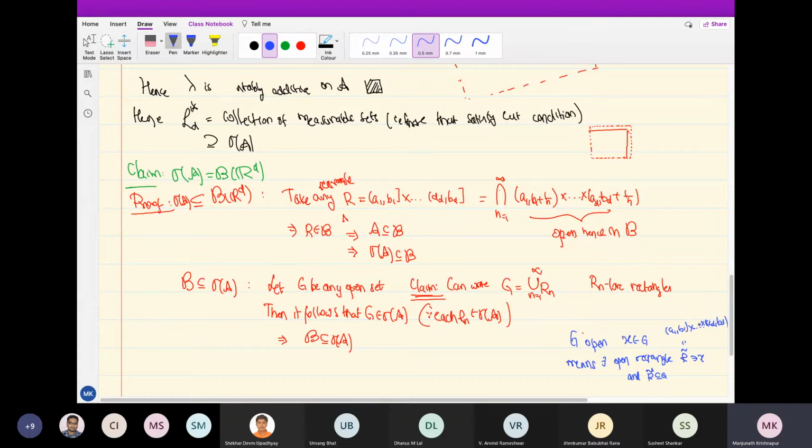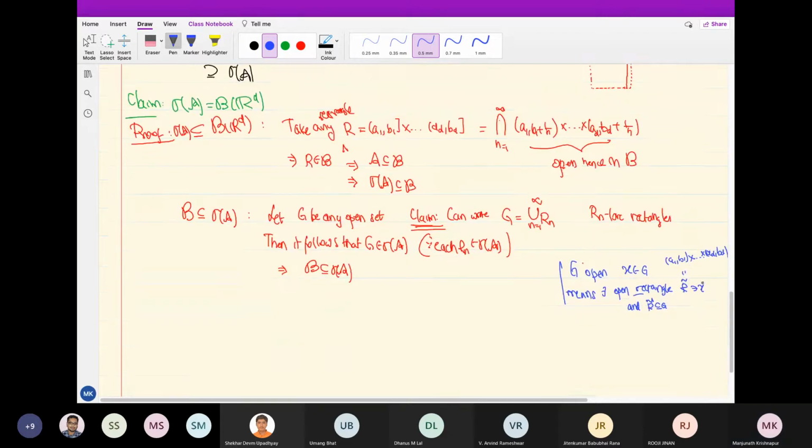This is just the definition of open. How do you ensure that this comes from a countable family? You can maybe use the rationals, so that we can ensure that the ai and bi are all rational numbers. No harm in that, right?